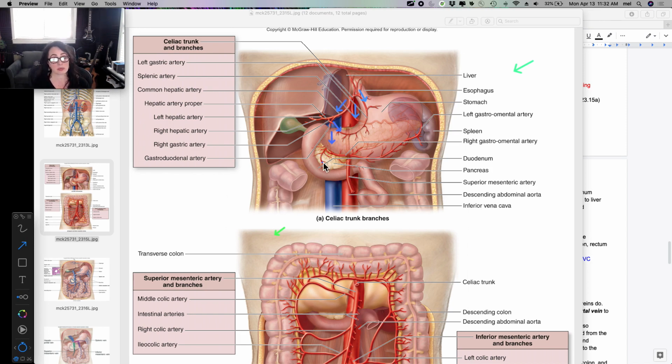Gastroduodenal artery, delivering blood to the stomach and to the first part of the small intestine, gastroduodenal. And then this guy right here, which is delivering blood directly to the liver, is called the hepatic artery proper, or sometimes the proper hepatic, and it will split into the left and the right. Okay, the left and the right hepatic artery.